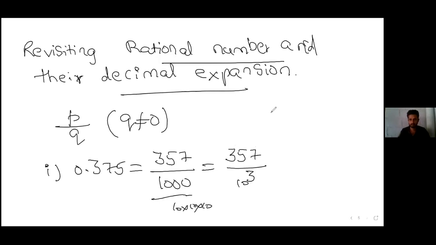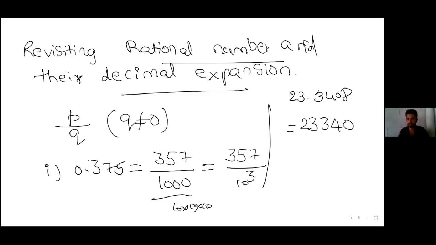Similarly, some more examples like 23.3408. Just a second.